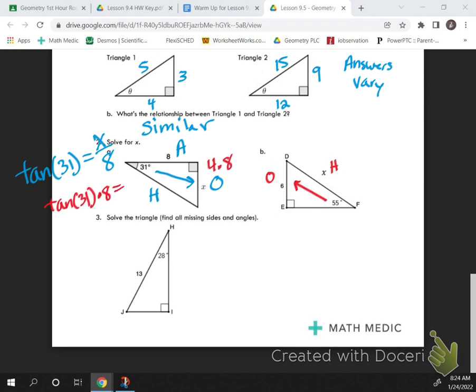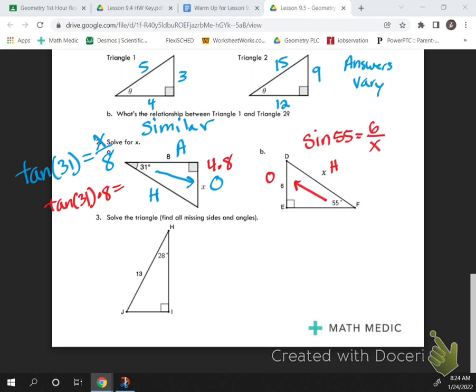For 2, part B, what trig ratio are you going to set up? You've got 6 and x, and the angle is 55. Opposite, hypotenuse. Okay, we'll check it.